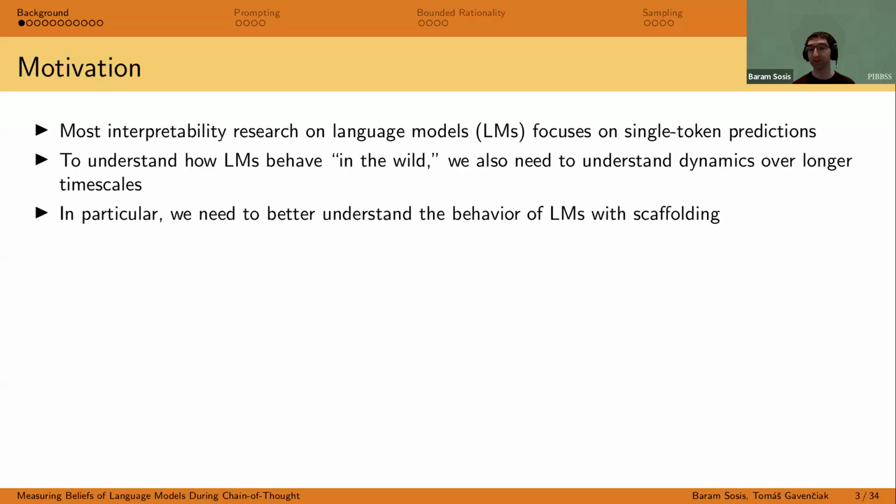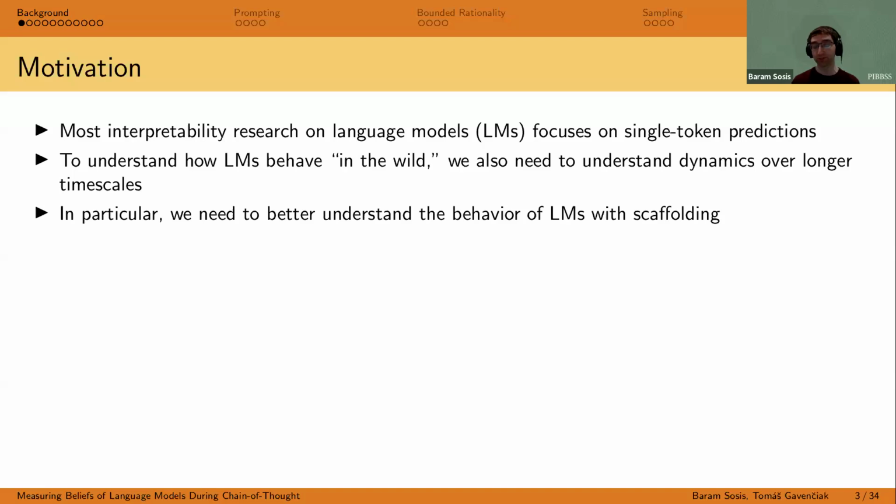I really think this is not enough to understand how LLMs behave in practice, because in practice they're used autoregressively, processing lots and lots of text and generating text, and then reading the text that they wrote themselves. To understand this kind of behavior, we need to take a longer timescale view of things. We can't just look at a single token level.